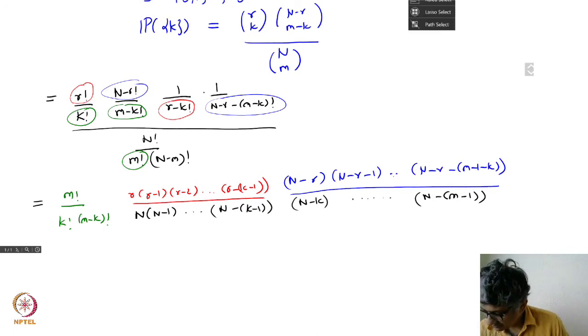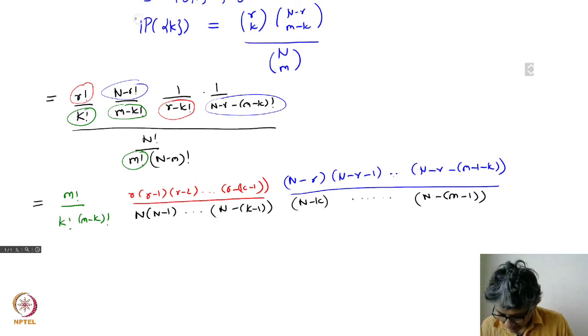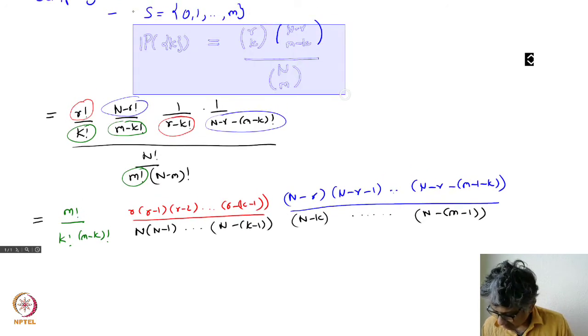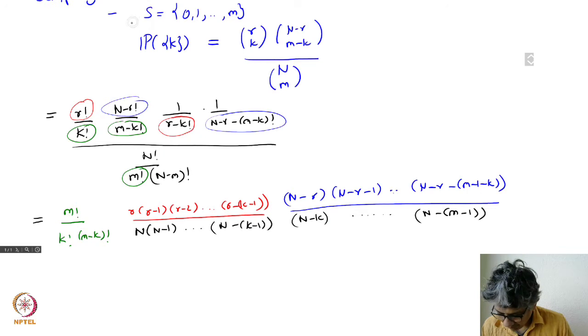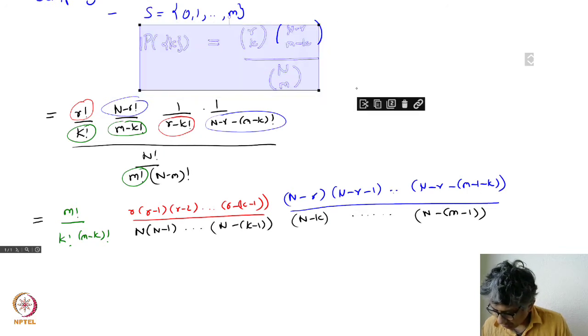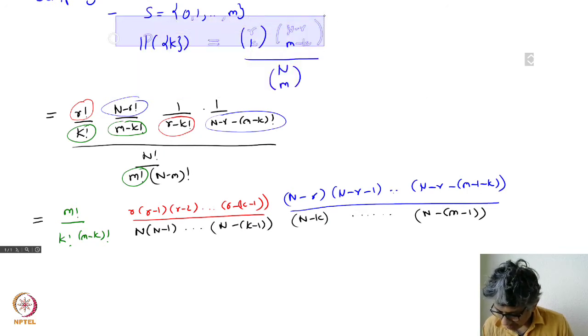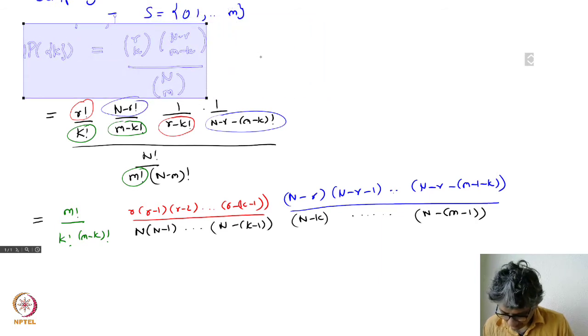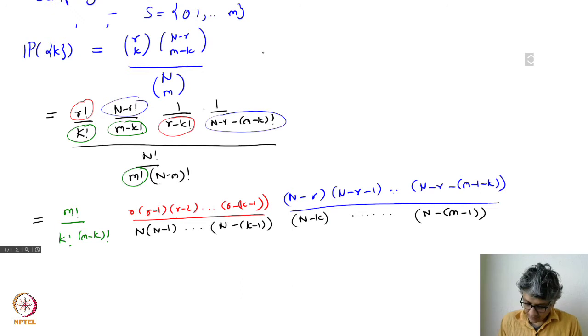So let me readjust for you so you can see the screen properly. P choose K is equal to R choose K by n minus m, and then this gave you this formula. Let me adjust this a little bit so you can see the whole thing properly.